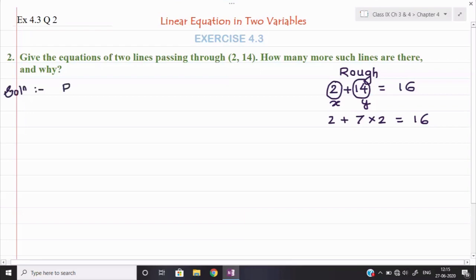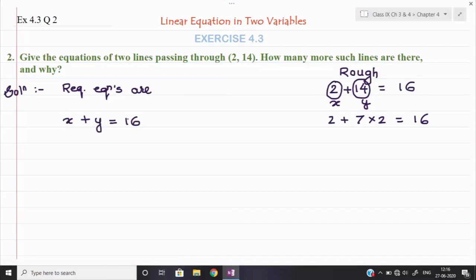We can write down first the required equations. Required equations are, first one I am writing here, x plus y. Look at that rough equation, x plus y is equal to 16. Now you put x equal to 2 and y is equal to 14.